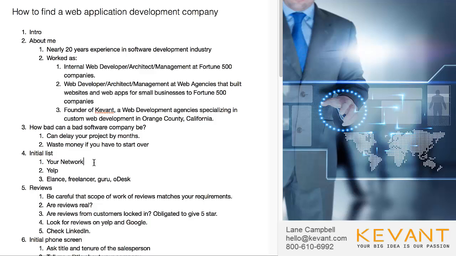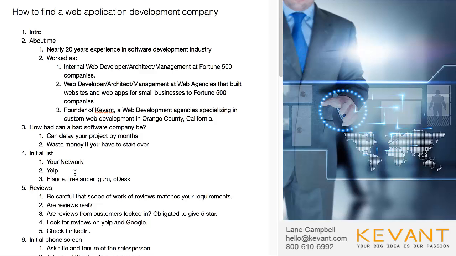So the first question is, how do you create an initial list of potential companies? The first thing you want to do is use your own network. If you can get someone that you trust to recommend a company that they've worked with in the past that has executed a similar project for them, that's a great place to start. If you don't have that, then obviously Yelp is a great place, because that would allow you to find companies that are local to you that would potentially be able to execute your project.